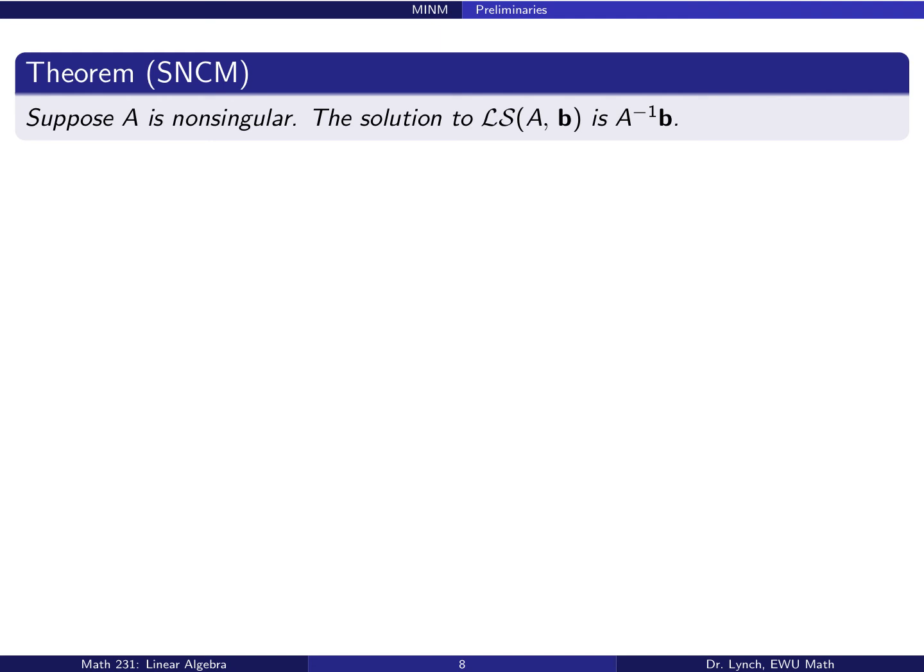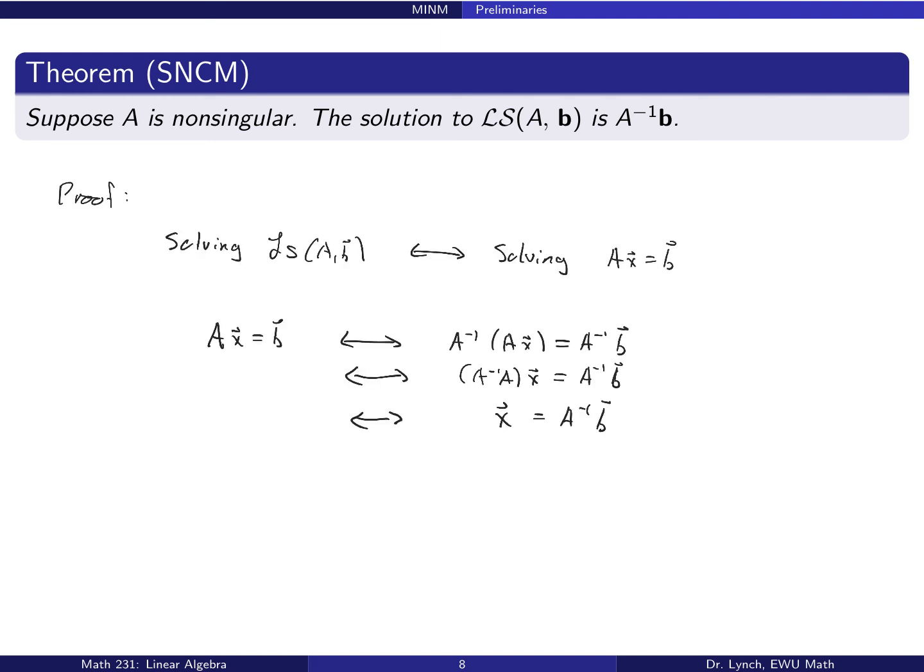So a great use of this non-singular matrix equivalency is in solving the linear system LS(A, b). The key to this theorem is that solving the linear system LS(A, b) is equivalent to solving the matrix equation AX equals B. So we can start with that vector equation and multiply on the left by the inverse matrix.